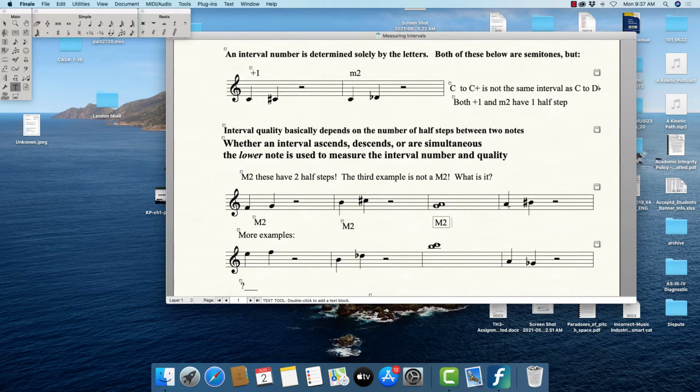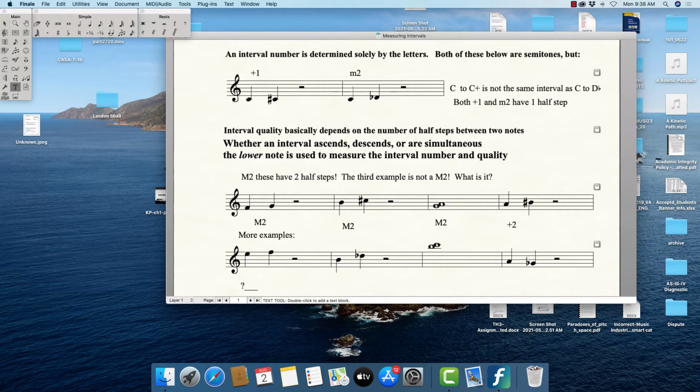A to A sharp or B flat, that's 1. B flat to B, or whatever you want to call it, that's 2. And then B sharp, this has 3 half steps. So rather than calling it a major second, see, it's larger. So when something's larger than a major by a half step, we call it an augmented second.